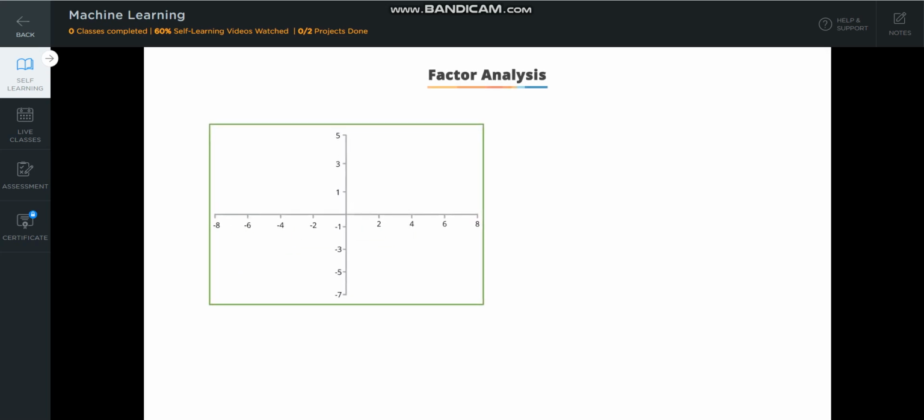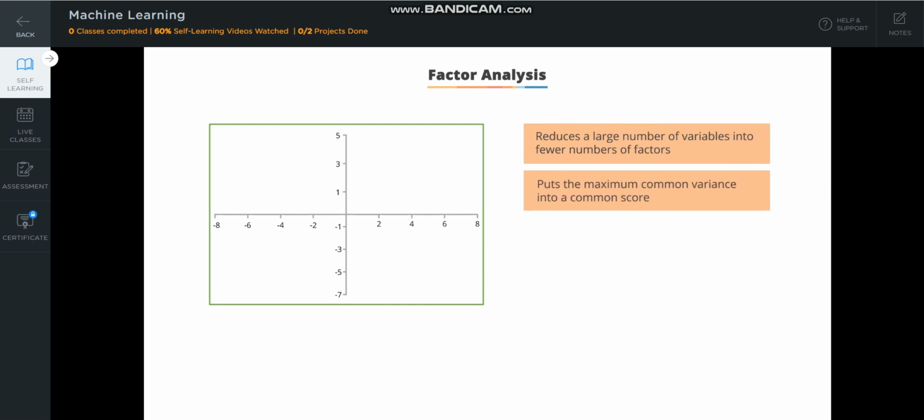Factor analysis is used to reduce a large number of variables into fewer numbers of factors. This technique puts the maximum common variance into a common score by extracting it from all variables. You can look at the given graph and understand that the common factors of the observations explain the variable interdependence.